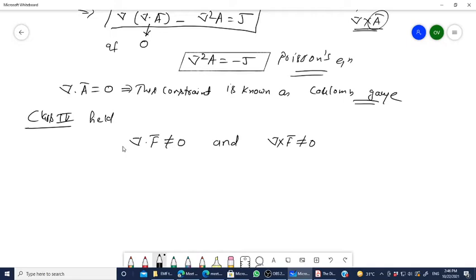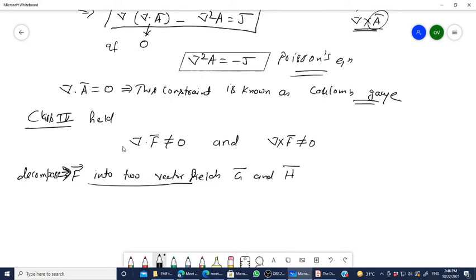In this case, we are going to decompose the F vector into two vector fields, let's say G vector and H vector.